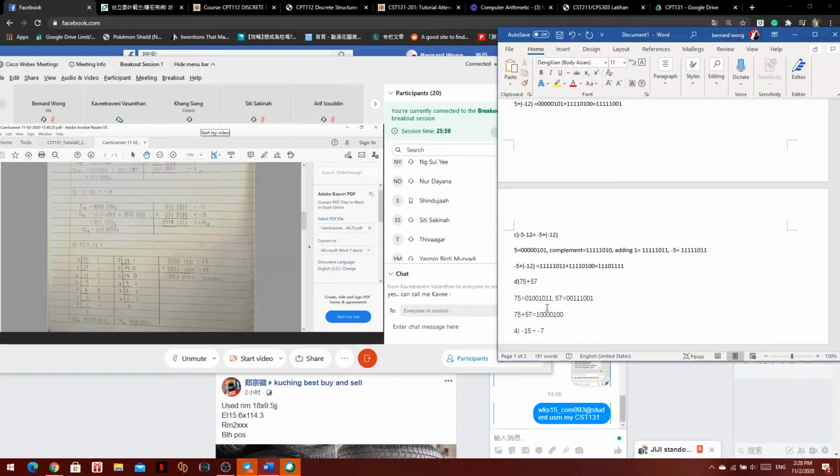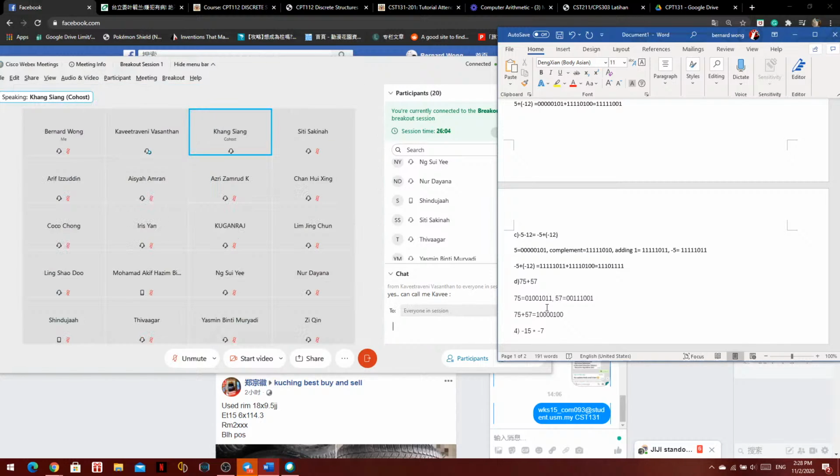Anyone know why overflow is happening in question 3D? You can type in the chat box. No one? No idea?